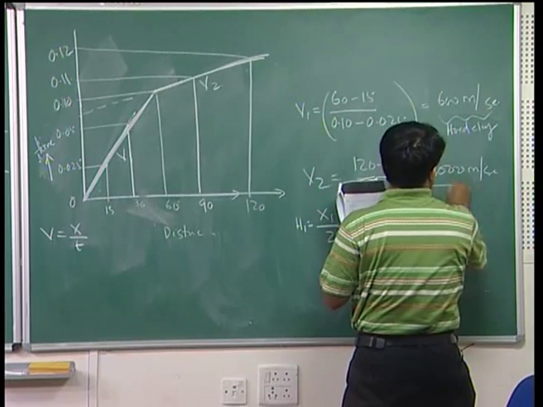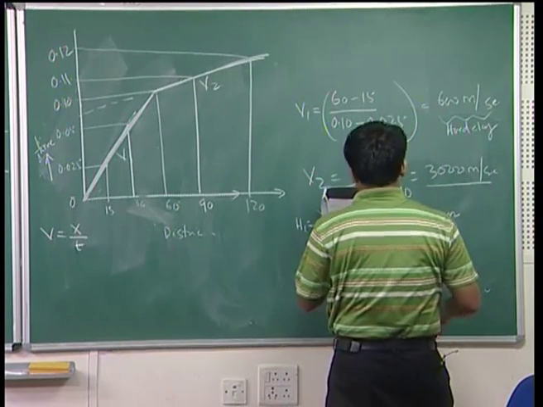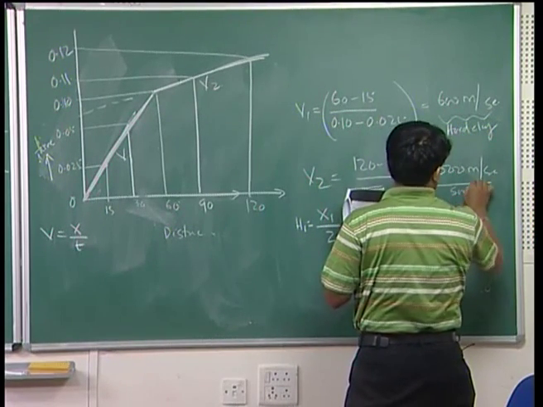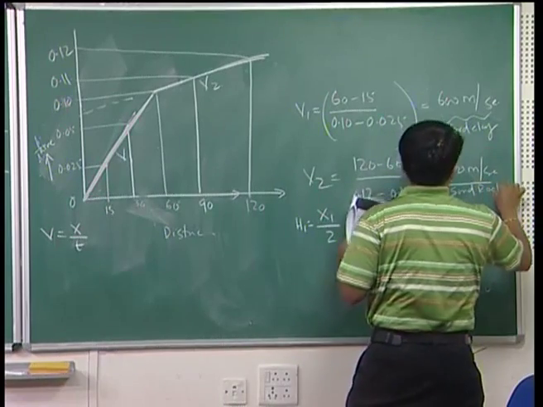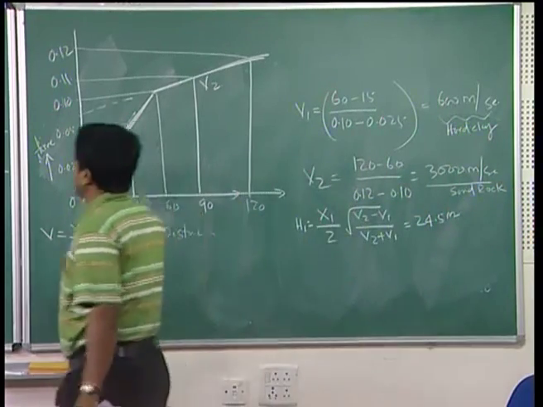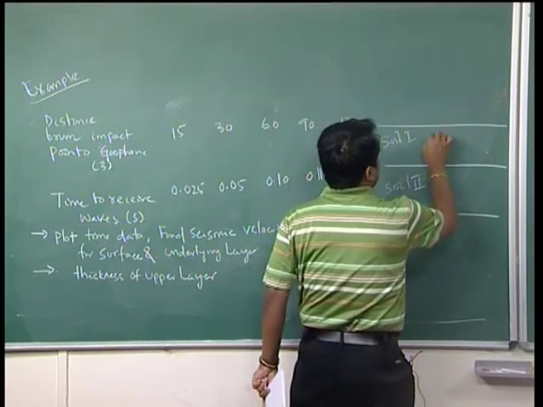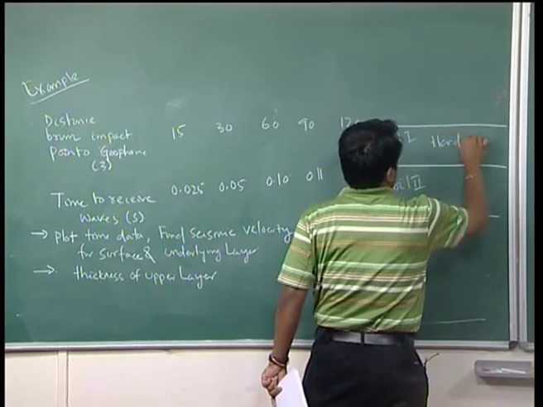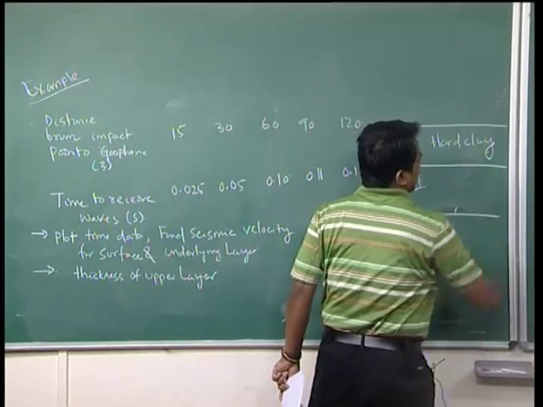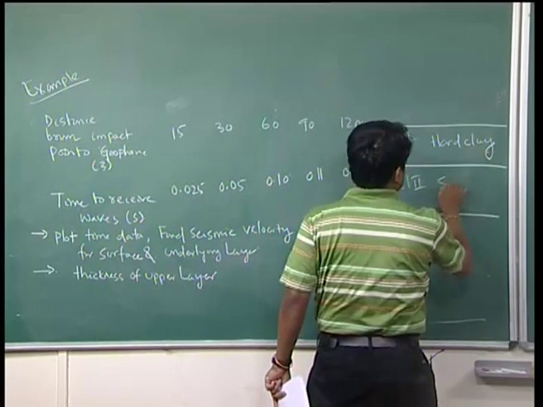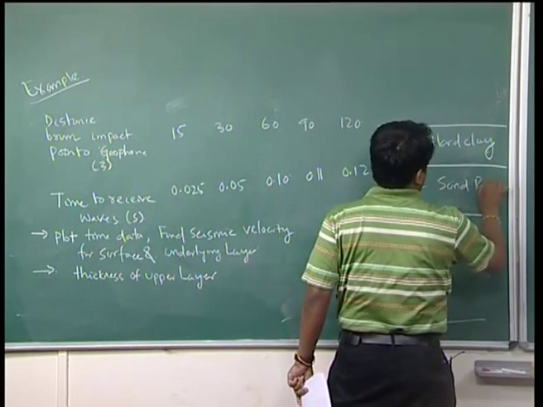As V2 is 3000 meter per second, it will be sand rock. Based on the velocity profile, whatever velocity we get, you can classify it: maybe hard clay, and the bottom one is sand rock.